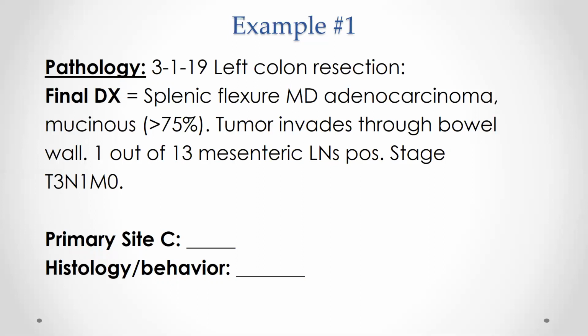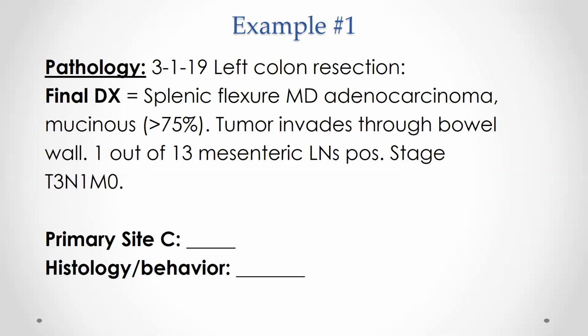And this is an example of a single tumor. So we do need to go to the H rules to see how to code the histology. And remember, the priority order for identifying histology is coding it from the path report. So under the header for single tumor, we would start at H1 and read through the rules and stop when the rules apply to this case.